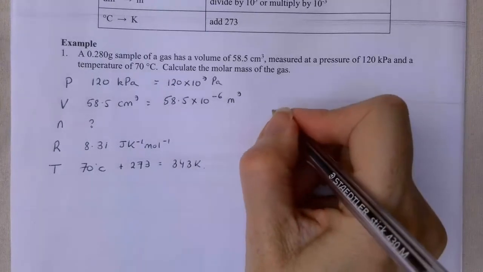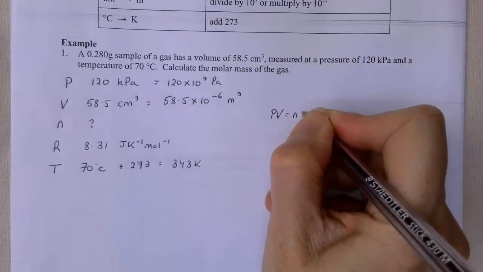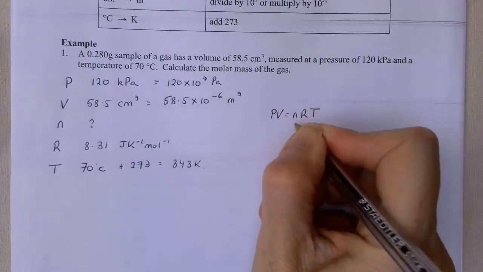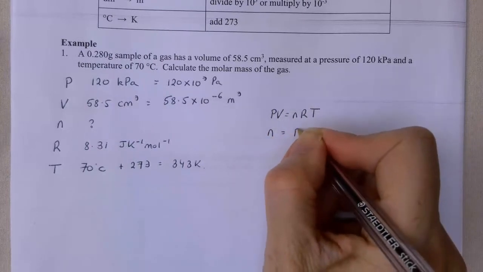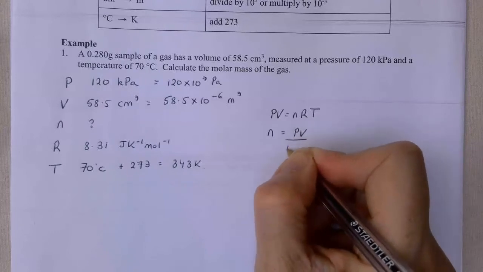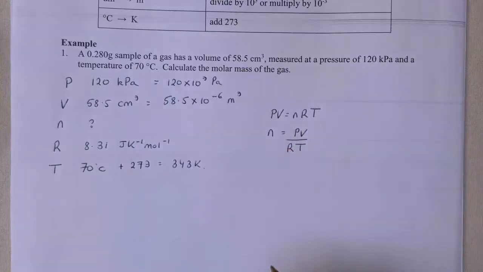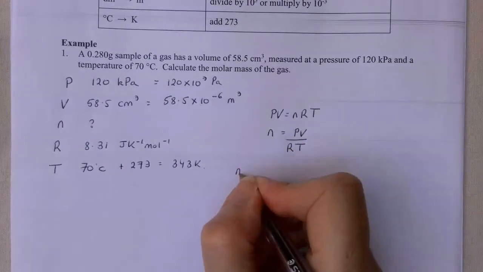I've got my equation, PV equals nRT. I want to work out n, so I'm going to rearrange this to make n the subject, and it becomes PV divided by RT. Now I can put my numbers in.